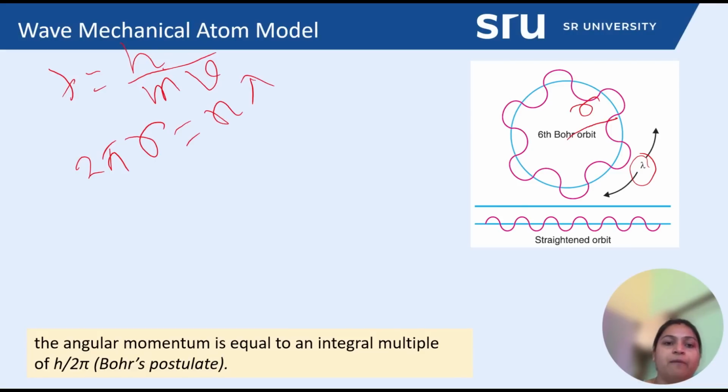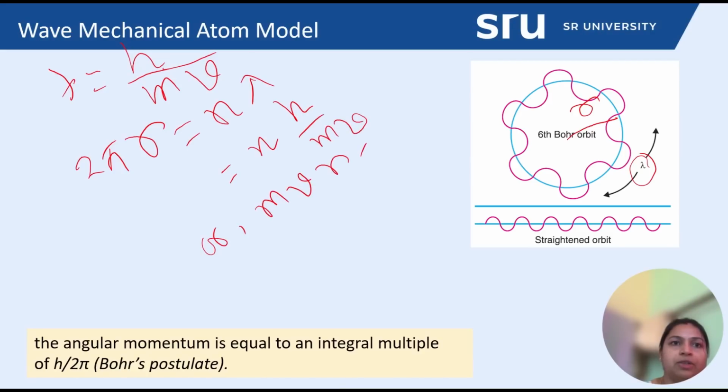But we know that lambda is equal to h by mv, so one can write 2 pi r is equal to n into h by mv, or mvr is equal to n h by 2 pi.